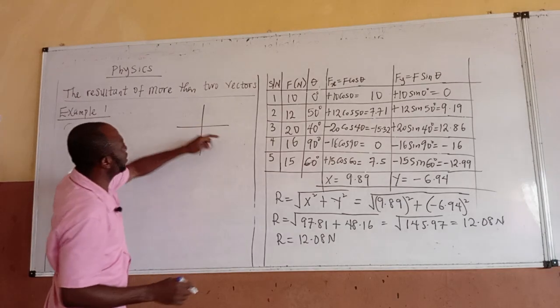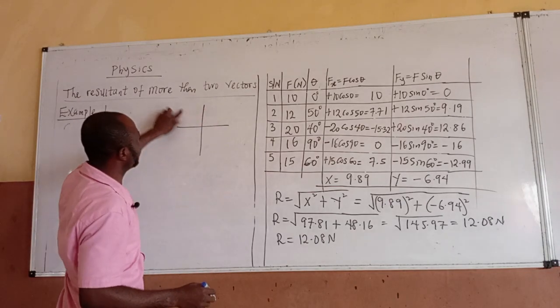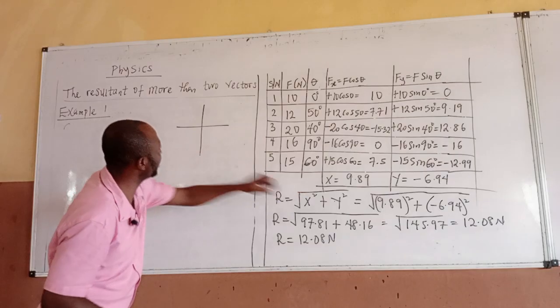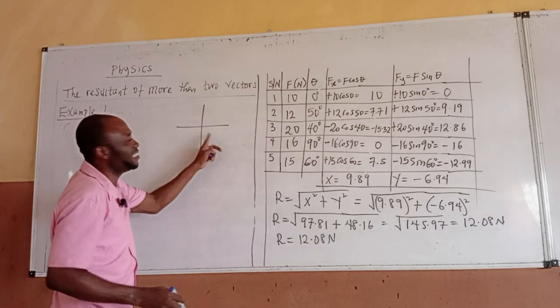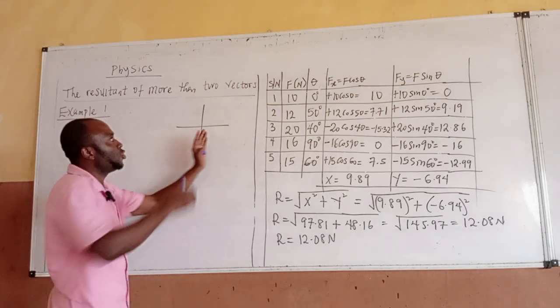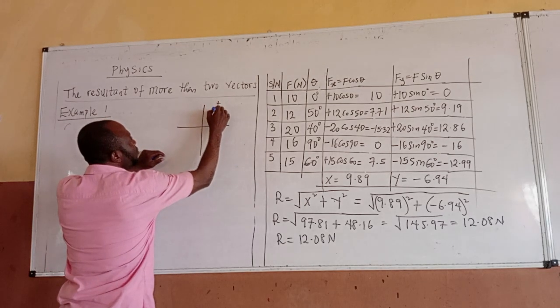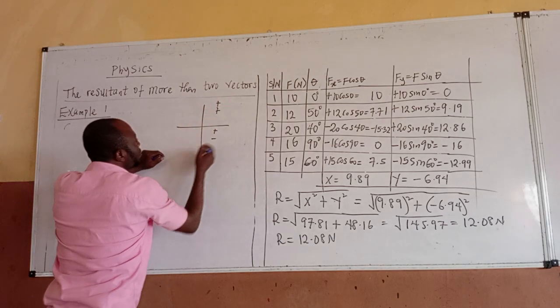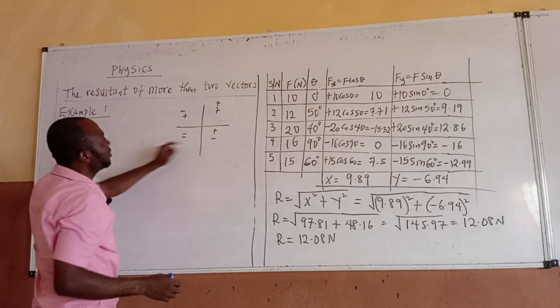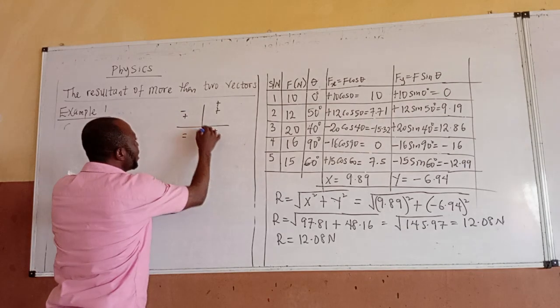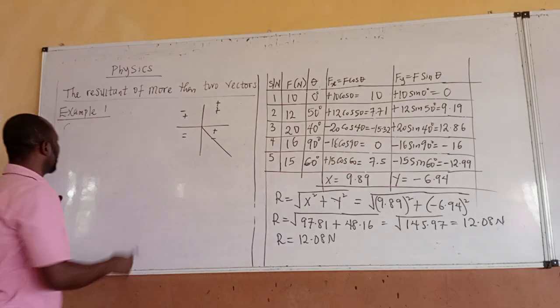These are the quadrants. x is positive, that means it's either here or here. And y is negative, that means it falls in this place. Don't forget that here is plus plus, here is plus minus, here is minus plus, here is minus minus. That means it falls in this place.